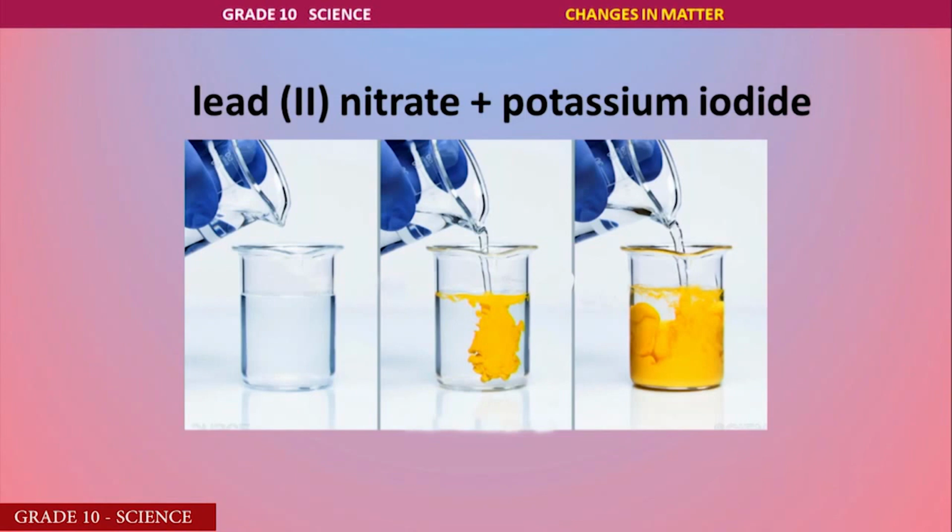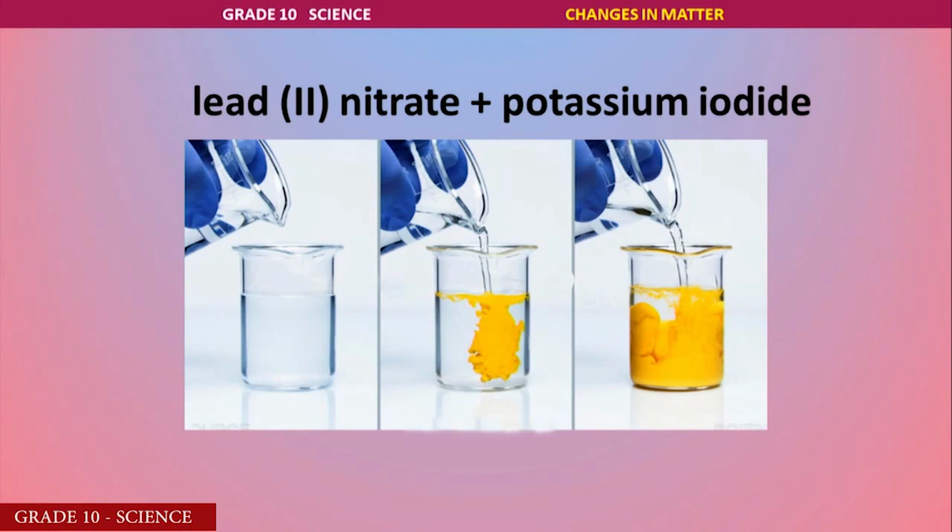In this picture, you can see the way that we are pouring it and the change that occurs. The first picture shows the lead nitrate solution and the potassium iodide solution. The second picture shows what happened when we poured lead nitrate into the potassium iodide.